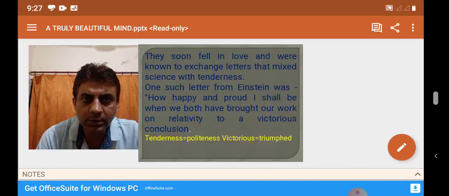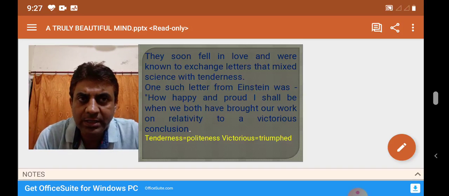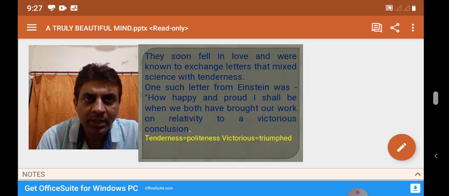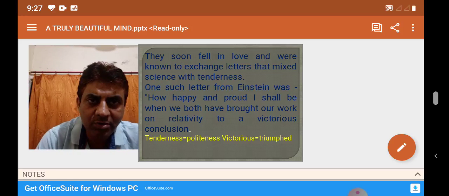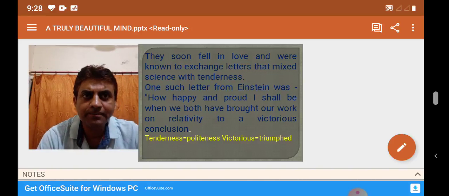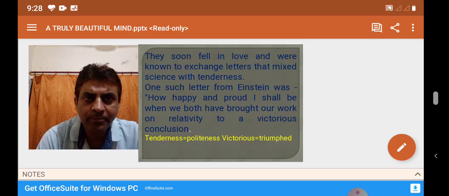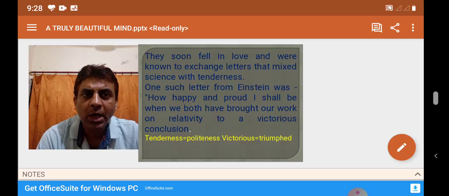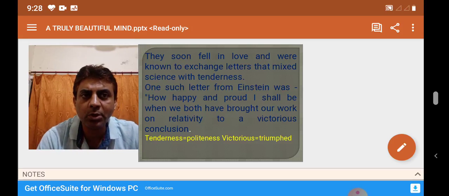Soon they both fell in love and they started exchanging letters of love. Both were interested in the field of science, and a letter from Einstein is there in which he has written, "How happy and proud I shall be when we both have brought our work on relativity to a victorious conclusion."